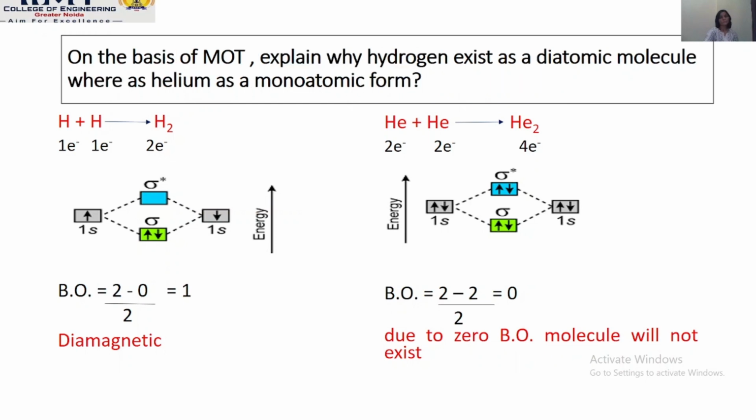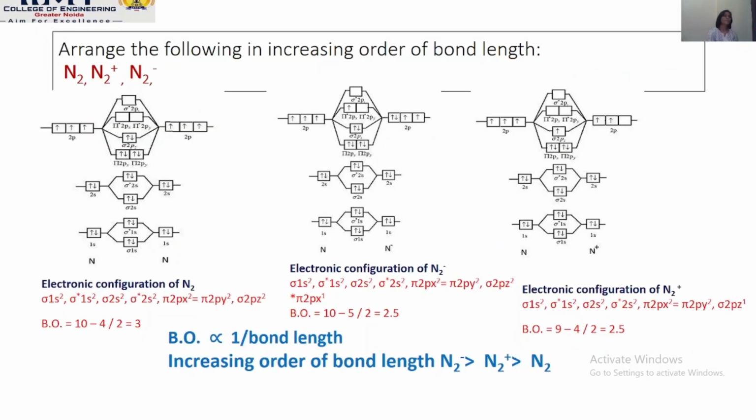The other problem related to the topic is: arrange the following in increasing order of bond length: N2, N2 plus, N2 minus. As shown in the figure, the electronic configuration of the nitrogen molecule is sigma 1s2, sigma star 1s2, sigma 2s2, sigma star 2s2, pi 2px2 equal to pi 2py2, sigma 2pz2.